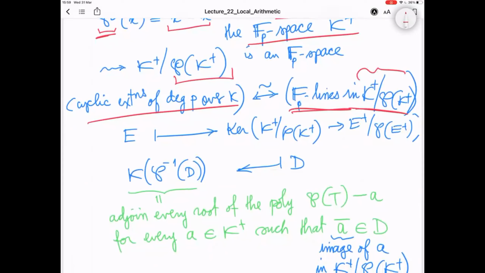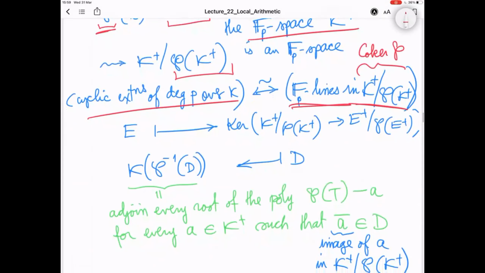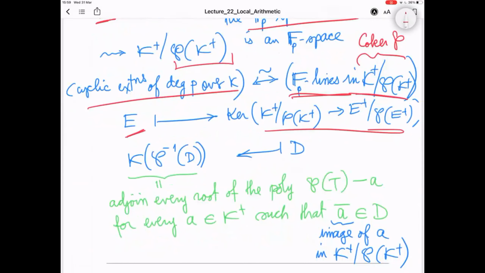So if I have a cyclic extension E, I can look at the kernel of the map from K plus modulo P K plus to E plus modulo P E plus, and that's going to be an FP line.